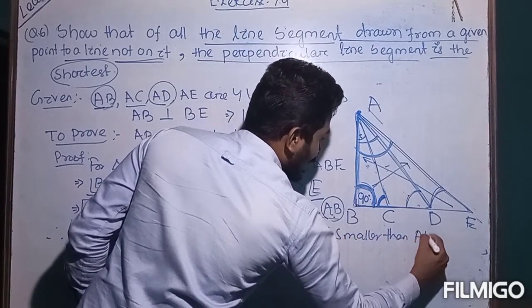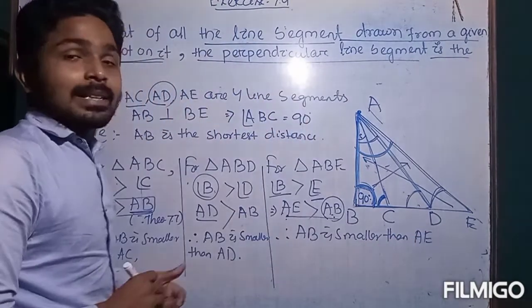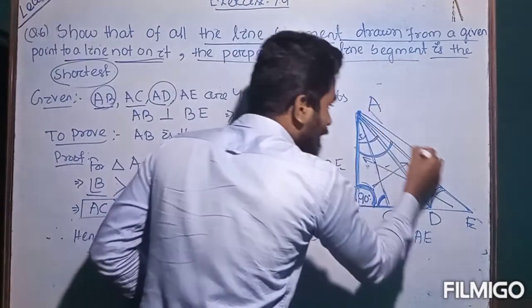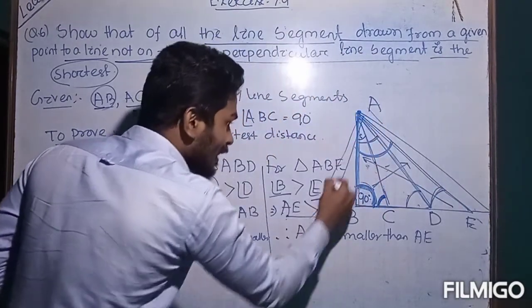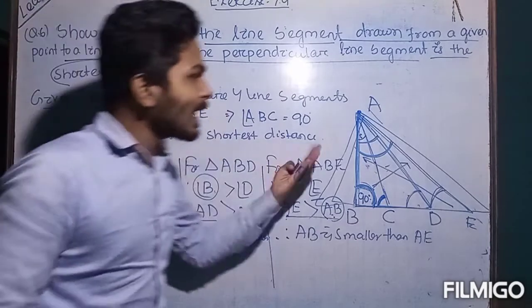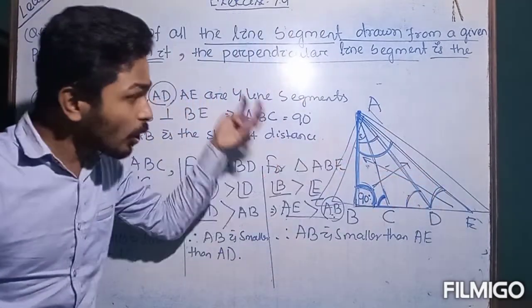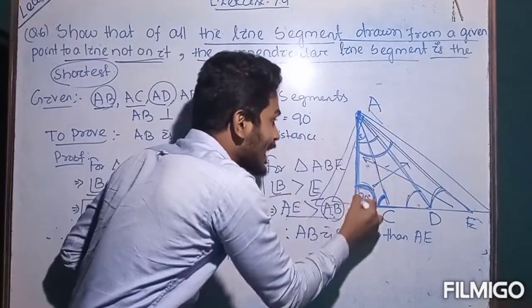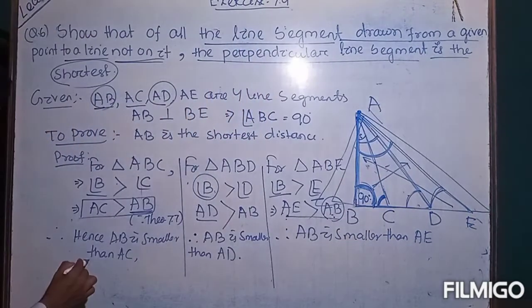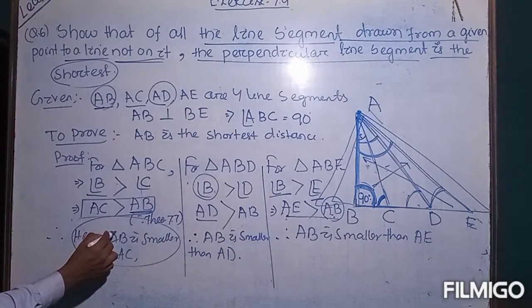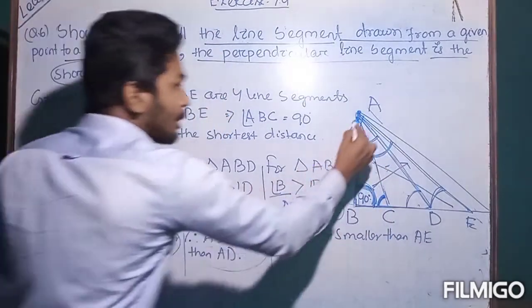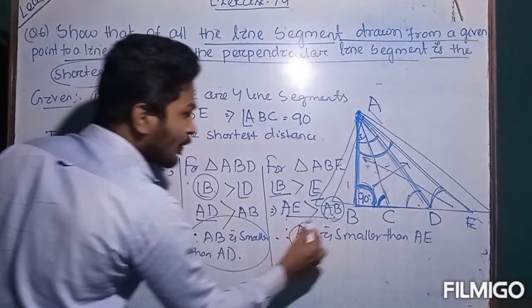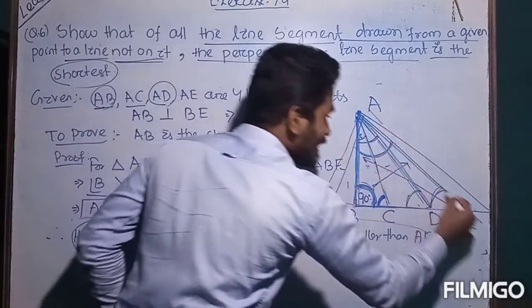So here we have found AB is smaller than AE. Understood? Similarly, if you want, you can draw another line segment like this, another like here, another like this. Every line segment you find here is always greater than this AB. Why? Because here we have found AB is less than AC, here AB is less than AD, here AB is less than AE.